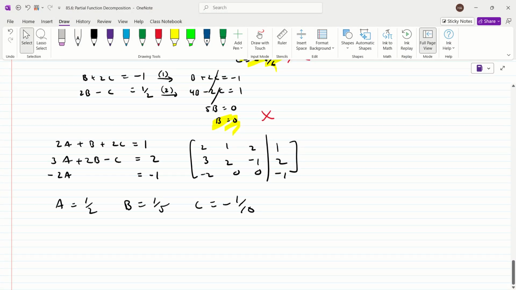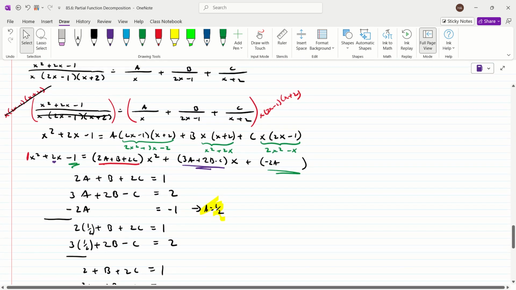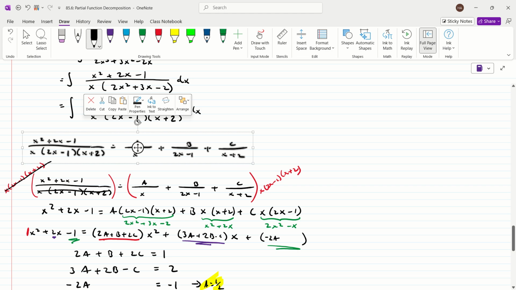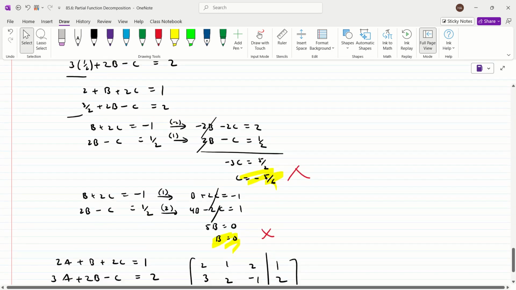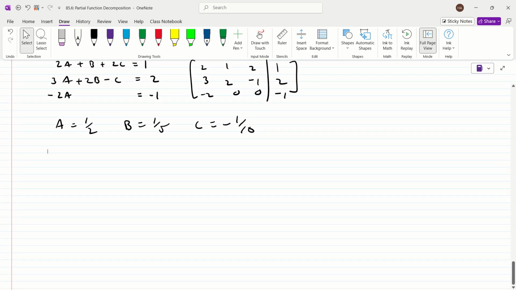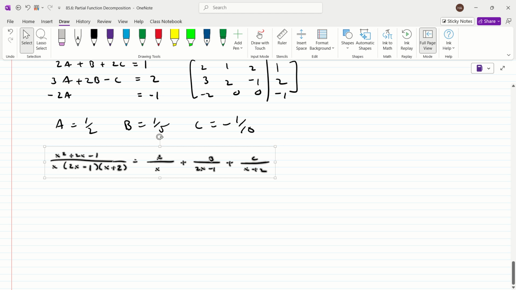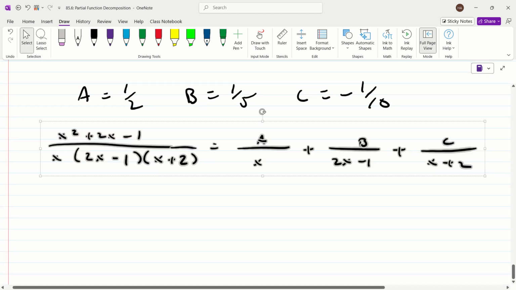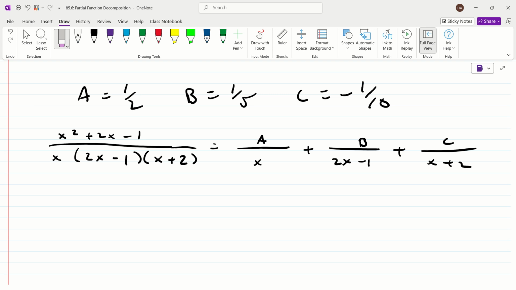So these are the a's, the b's, and the c's that I needed to take my original function and convert it into these 3 fractions. So for my a, I got 1/2. For my b, I got 1/5. And for my c, it was -1/10.